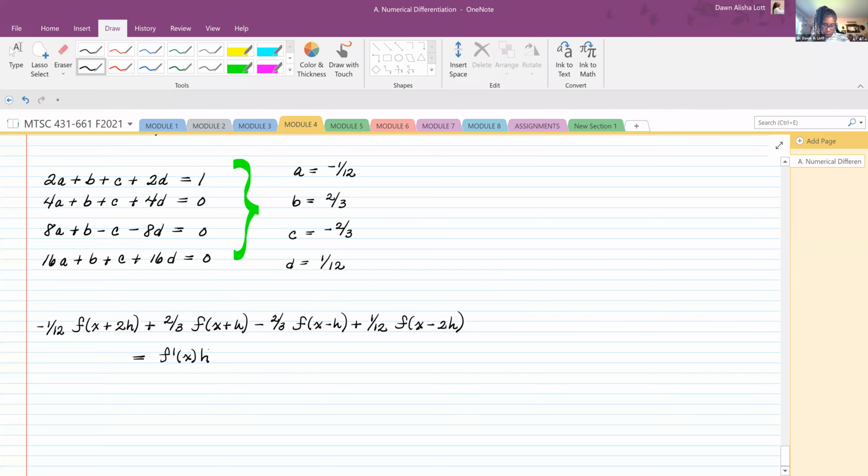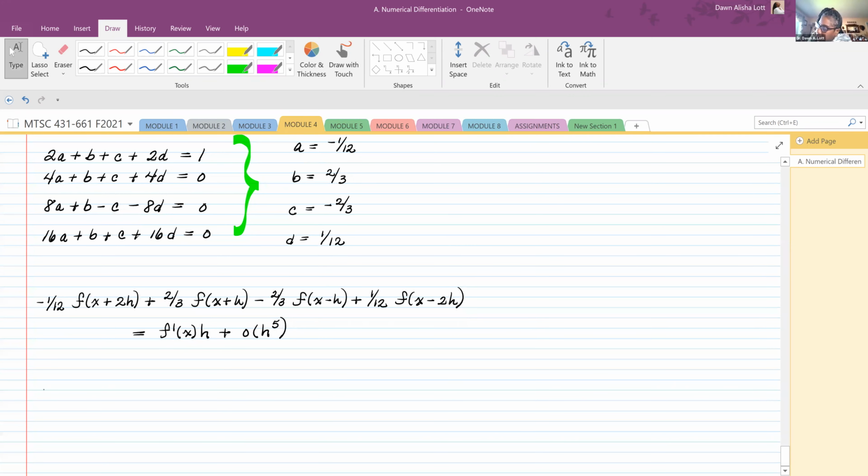And then the coefficient of everything else is 0. And I just get plus order of H to the 5th. So now if I solve for F prime, I get F prime of X. I'm going to put everything over 12.